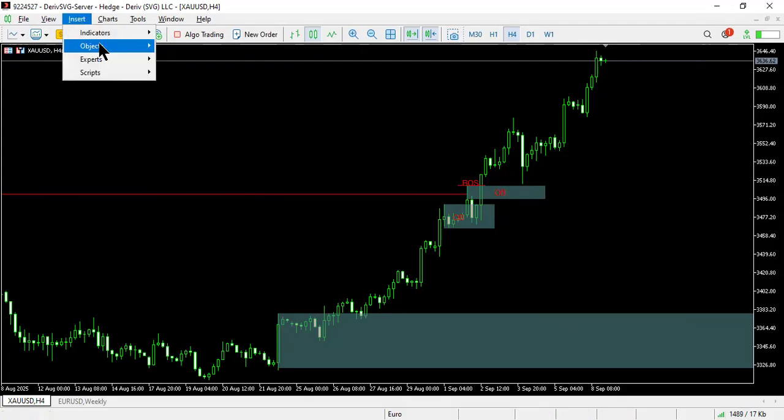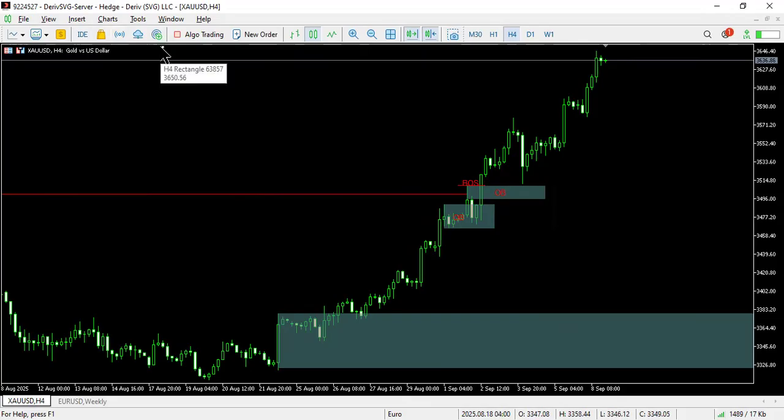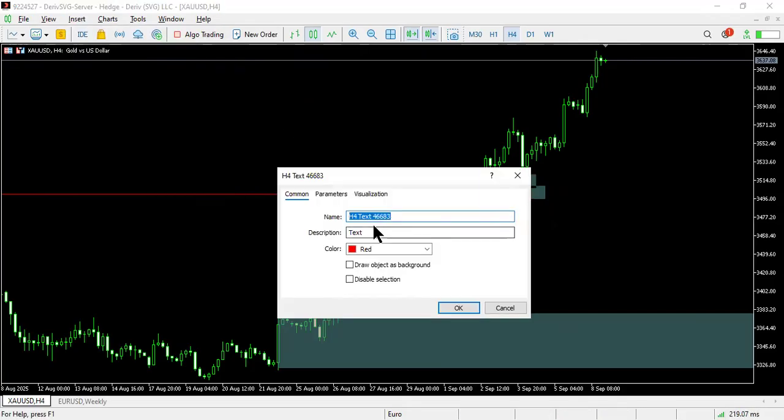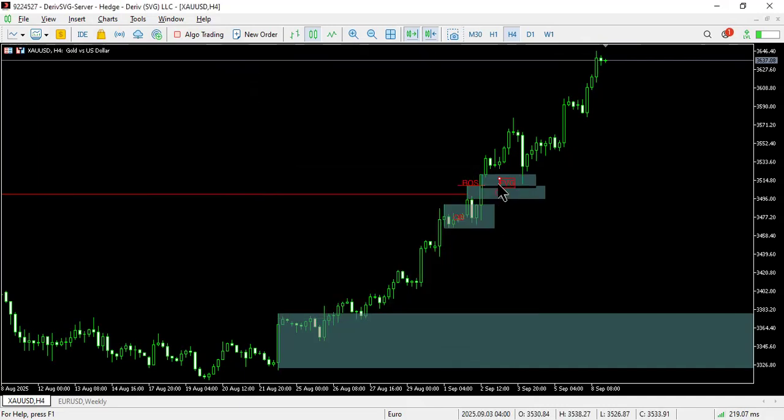Instead, price reacted off the fair value gap, the FVG from the 4-hour time frame. And then we had a break of structure there.